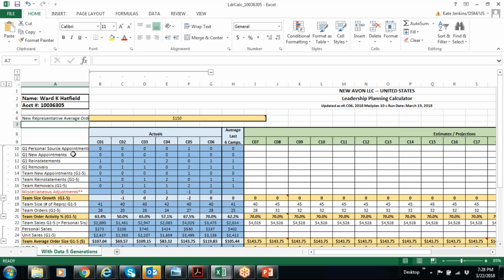So this would be your first generation appointments. This would be the appointments that you. Annie, do you have a new appointment in C7 by chance? That's a negative. Okay. I know you will in C8 though. Right. Put it out there. So do you have anyone that's going to reinstate their account?